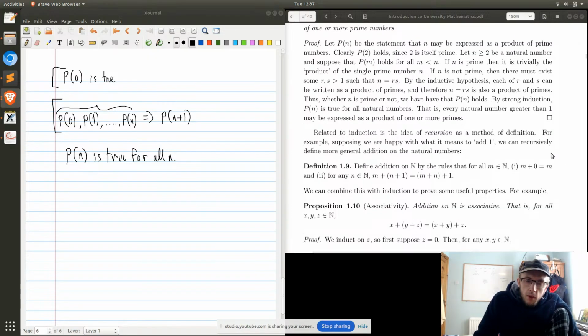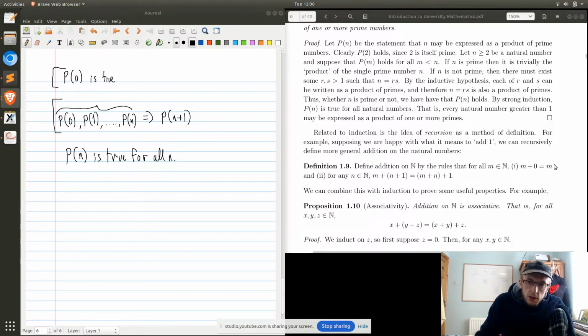Okay. Related to induction is the idea of recursion as a method of definition. For example, supposing we are happy with what it means to add 1, we can recursively define more general addition on the natural numbers. Define addition on the natural numbers by the rules that, one, for all m in the natural numbers, m plus 0 is just m.